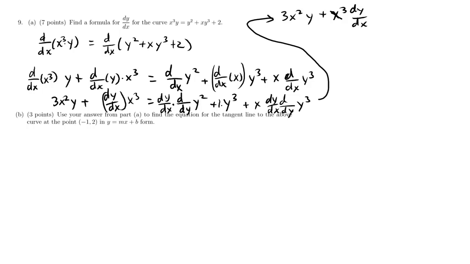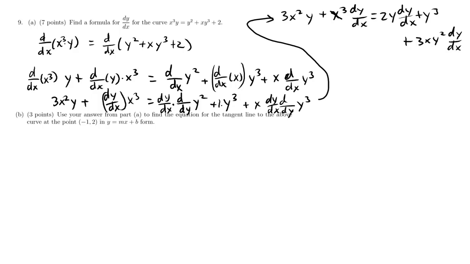I just switched these two places. And then over here, y squared differentiated by y is 2y, so it's 2y dy/dx plus y cubed plus x times y cubed differentiated by y gives you 3y squared, so it's 3xy squared dy/dx.